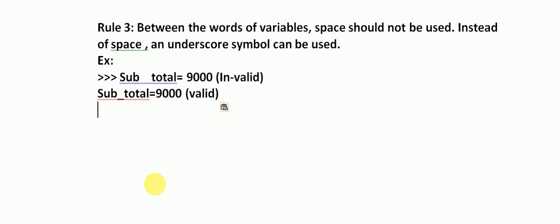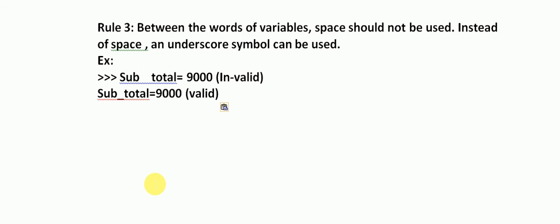That's why it is invalid. And sub underscore total equals 9000 is a valid naming convention, because the underscore is allowed in the naming convention of variables.